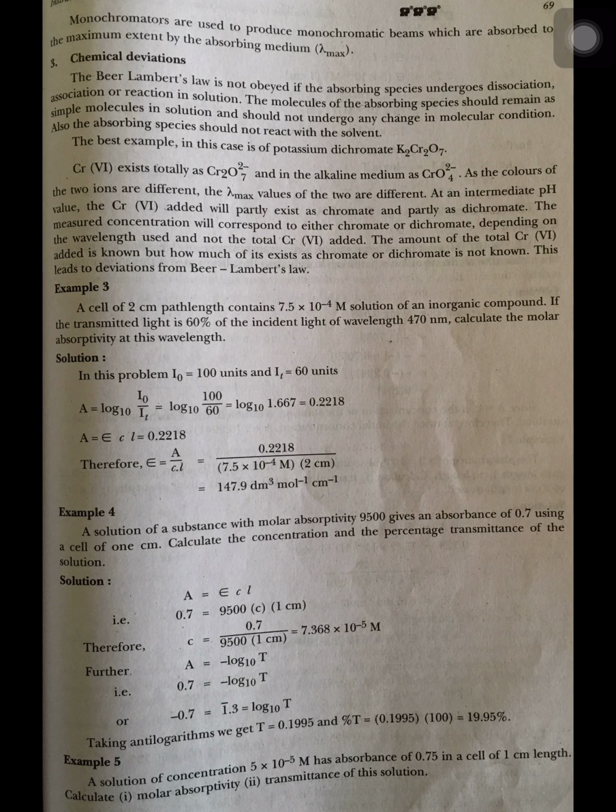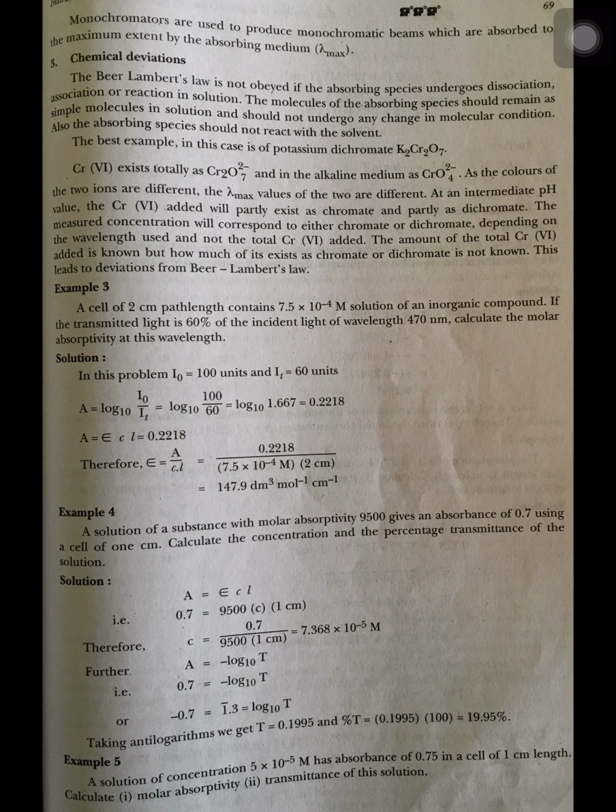In K2Cr2O7 the chromium is in plus 6 oxidation state, and in K2CrO4 as well, but the colors of these ions are different. Because of the different colors, the lambda max values of these two compounds are different.